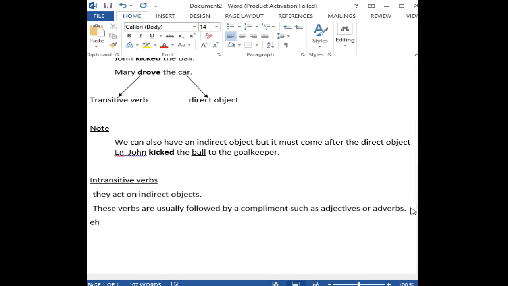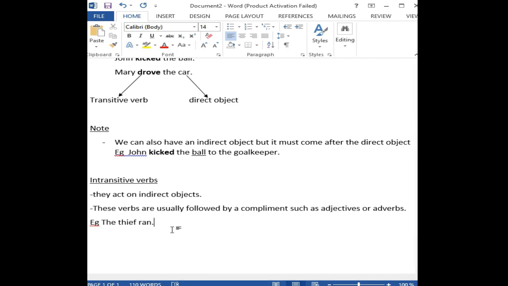So for example, this one will not have a complement: the thief ran. So here we have an indirect object, because there is no object itself. The thief ran. Where did he run? We don't know. But it's still a complete sentence.